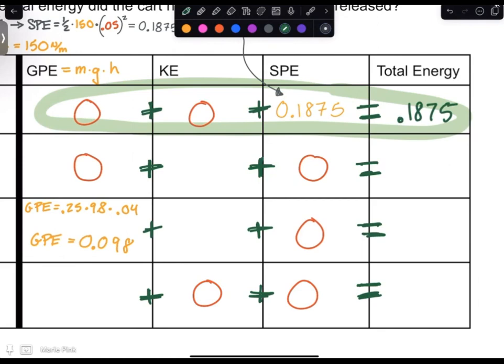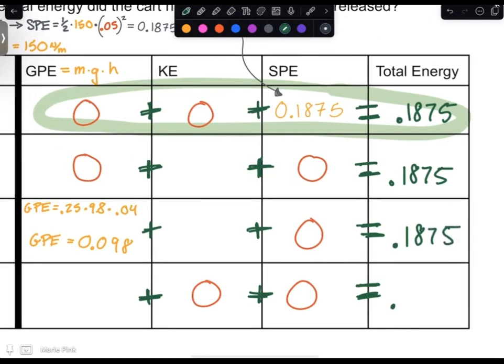So if that's my total energy for the first row, that also means that if I have to keep the same amount of energy, then that means that my next row is also 0.1875. And the third row is also 0.1875. And the fourth row is still 0.1875 because the energy cannot be gained or lost without doing work on the system. So we have conservation of energy, so we have to keep the same amount.